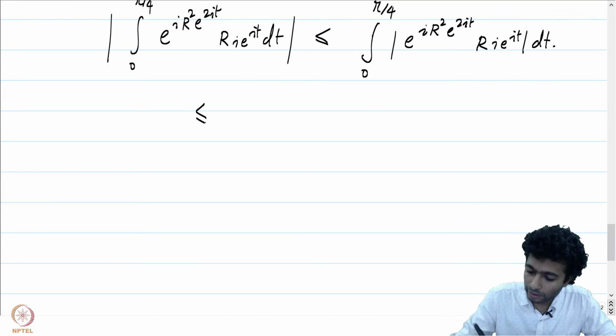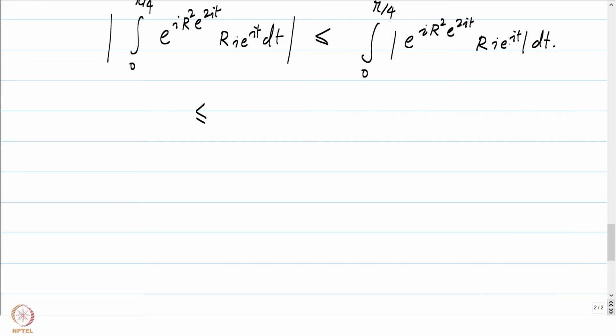And this is less than or equal to the integral of the absolute value of i e to the power i t, which has absolute value 1, over r times 0 to pi by 4. We will just extract the absolute value here. Then we will be able to say what this is. This is equal to cos 2t plus i sin 2t.